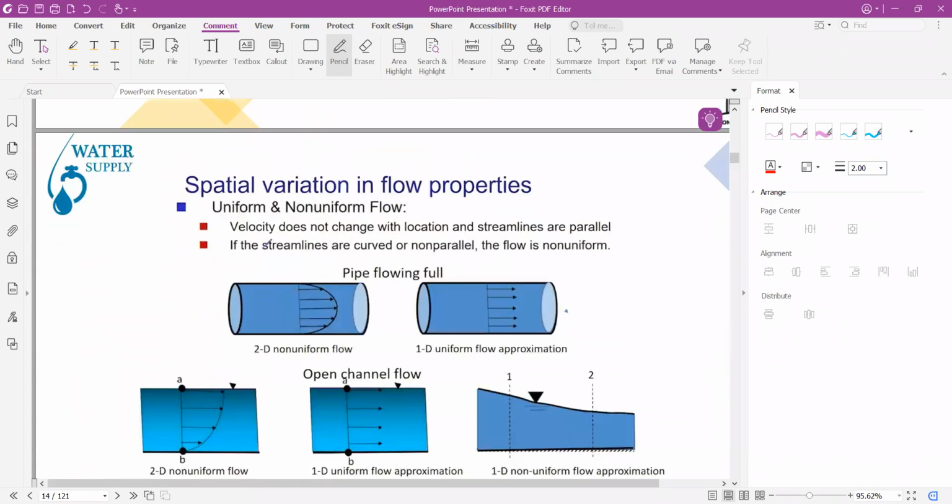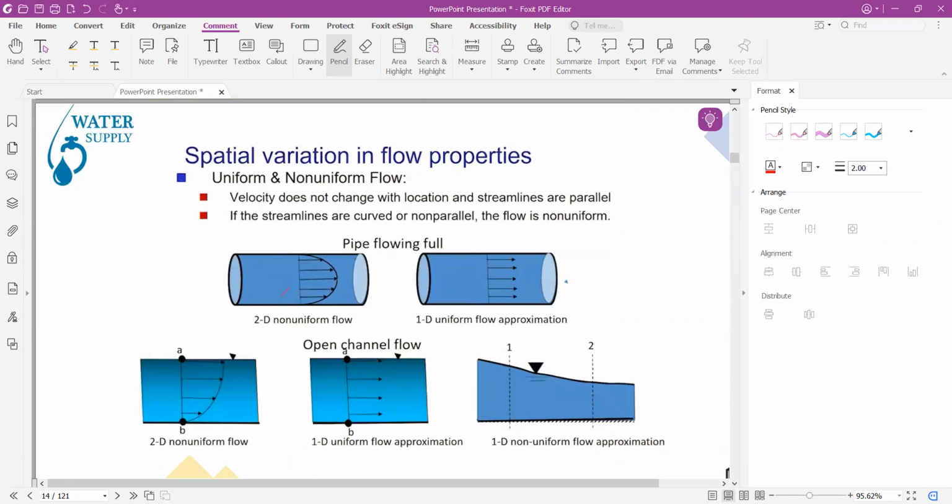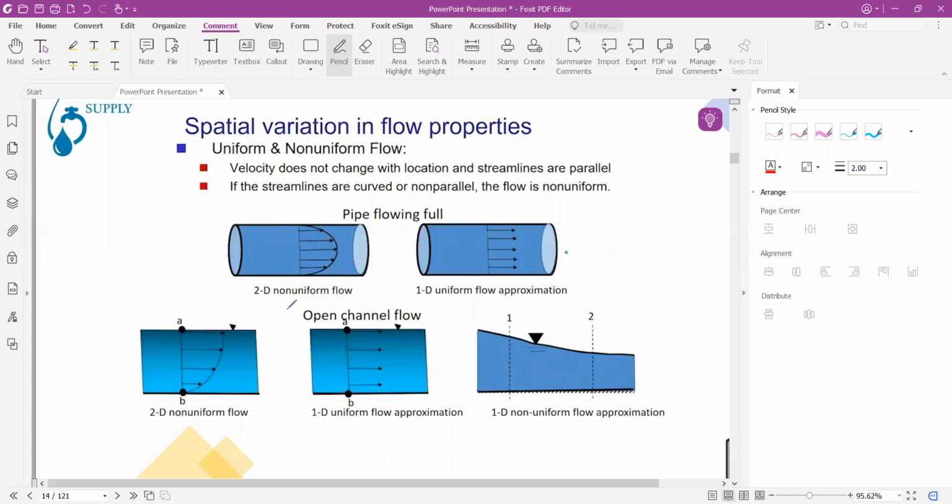Okay, similarly, in the case of uniform and non-uniform flow, uniform flow is flow where the cross sections do not change. Before understanding uniform and non-uniform flow, we should know about 1D and 2D flow. 2D flow basically occurs when the viscosity of a fluid is very high.